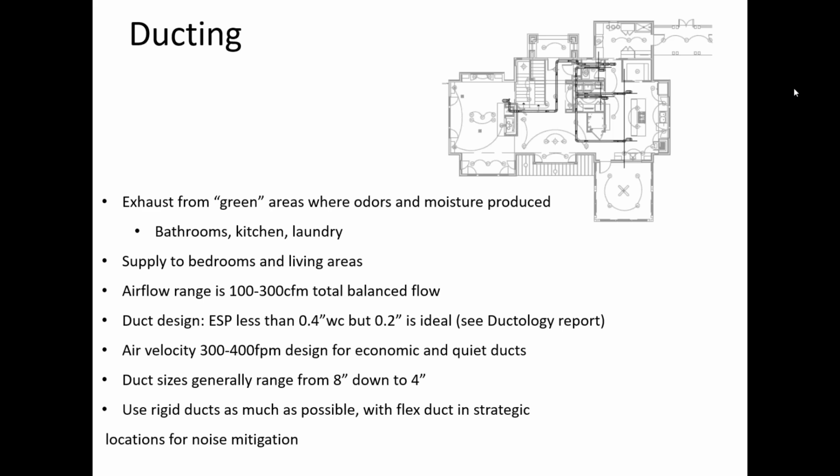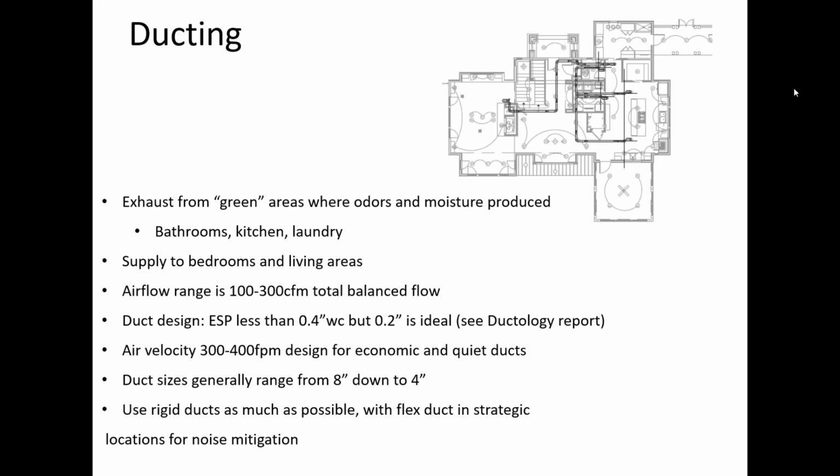The nominal airflow rate of the CERV is 100 to 300 CFM, and the fans are variable speed, so you can set it according to the house size or occupancy levels or whatever. And then some guidelines just on the ducting. Aiming for a static pressure of 0.2 is ideal.